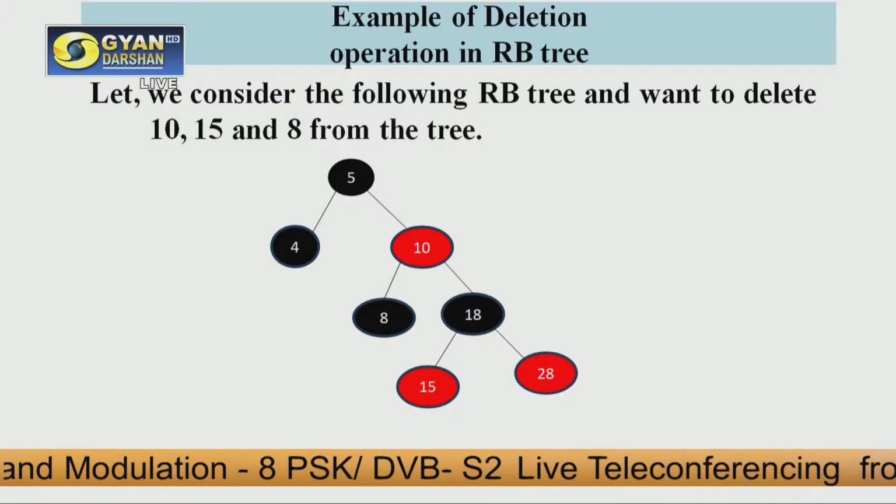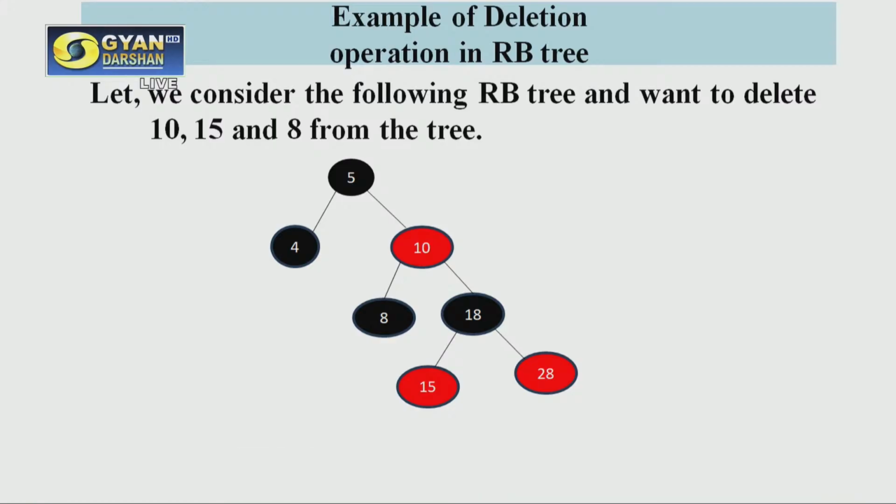First of all, it is a BST, and there are no consecutive 2 red nodes, and every path has the same number of black nodes.